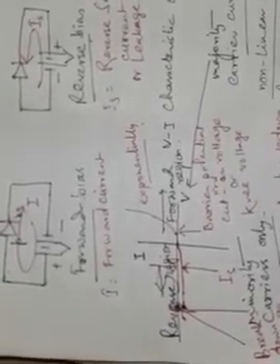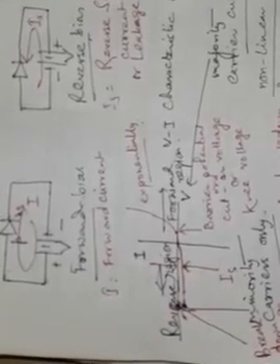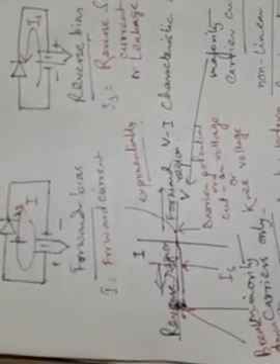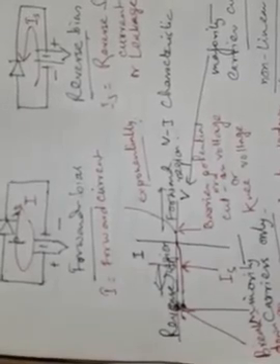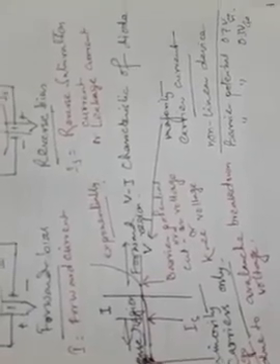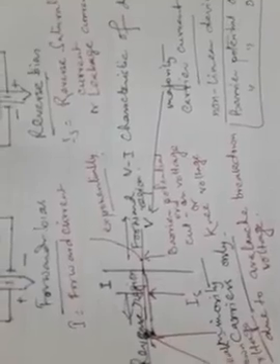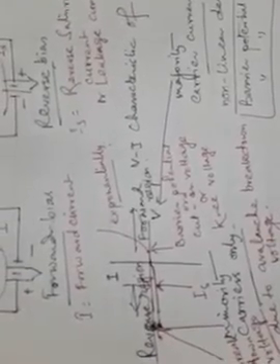Now this barrier potential for a silicon diode, you have to remember, it is 0.7 volt, and the barrier potential is 0.3 volt for germanium. So you need to remember these two values. This is important for solving problems.